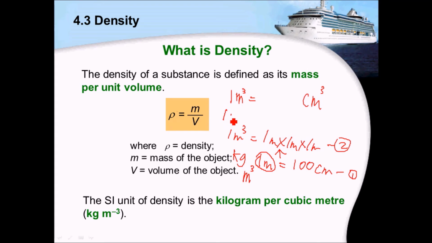So in other words, I get 1 meter cube is equal to 100 cm times 100 cm times 100 cm. So in other words, 1 meter cube is not equal to 100 cm cube, but is equal to 1,000,000, or 1 million cm cube. There are 6 zeros behind. Okay, take note of the conversion. Alright, so I'm going to move on.